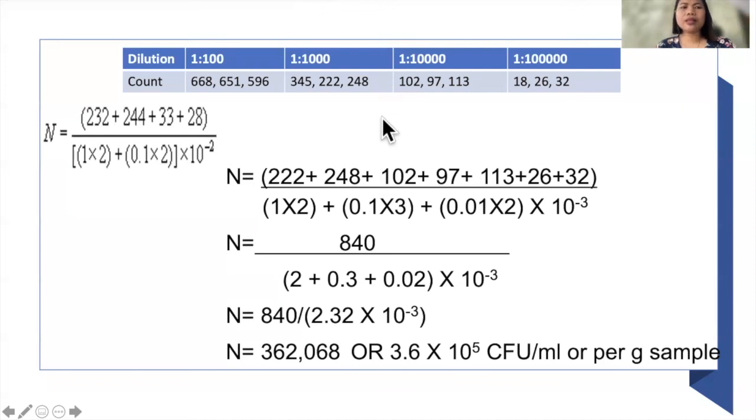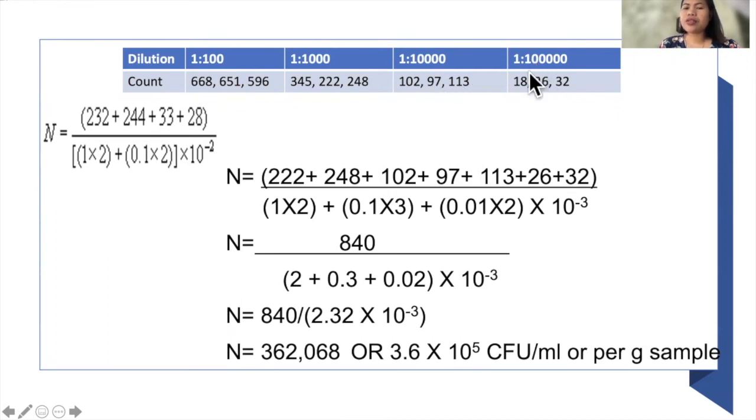Okay, so let us check this example. So in this particular problem that's given, the first dilution shown here has no plate that falls within the countable range. But in the second dilution, in 10 raised to the negative 3, we have 2. In 10 raised to the negative 4, we have 3.